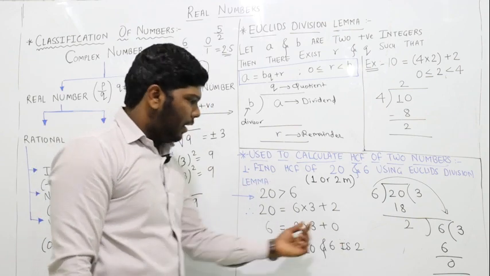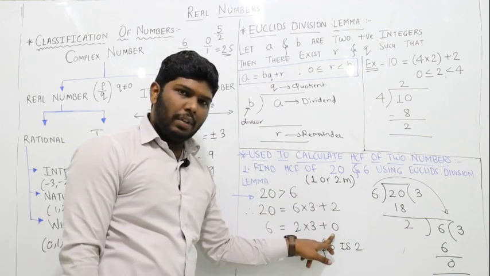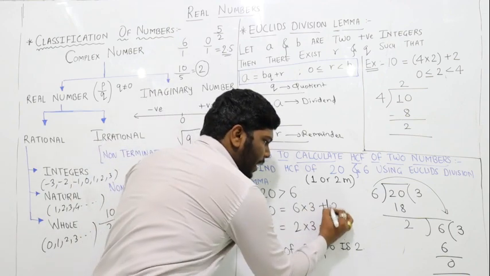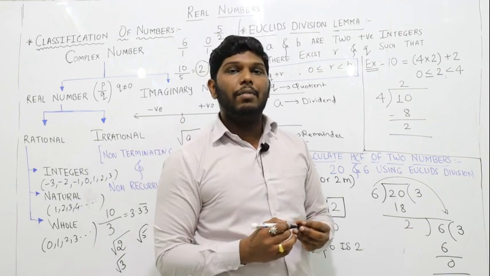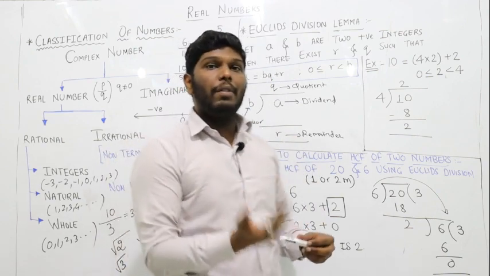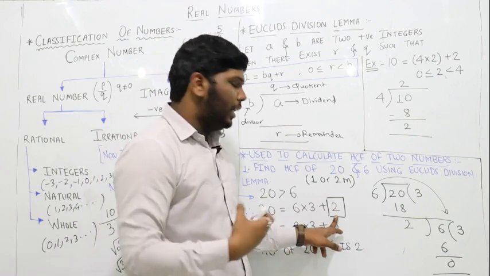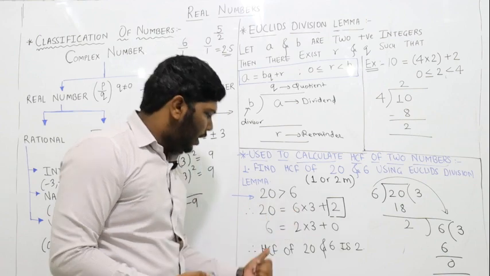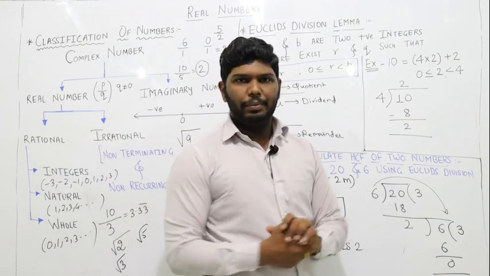You have to proceed till the step where the remainder value is 0. Once you get the remainder as 0, the remainder in the previous step is the HCF. Basically, HCF stands for highest common factor. It is the greatest factor common to both the numbers 20 and 6. So your answer should be: HCF of 20 and 6 is equal to 2.